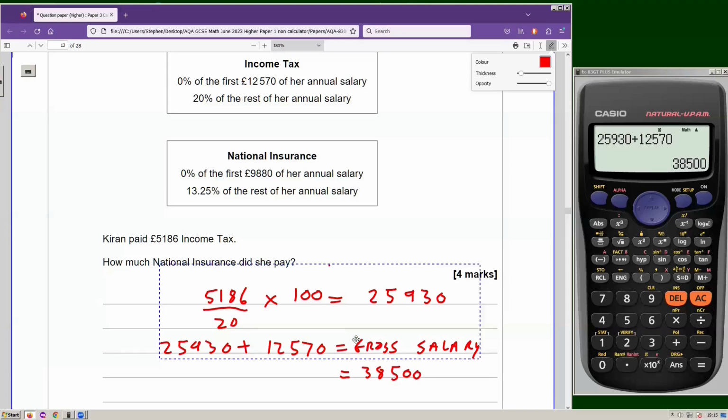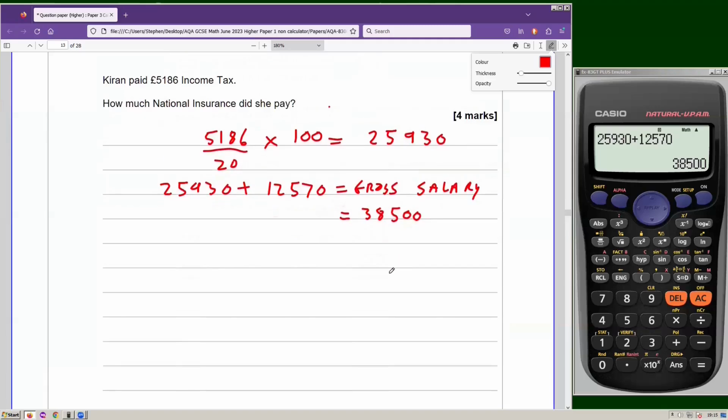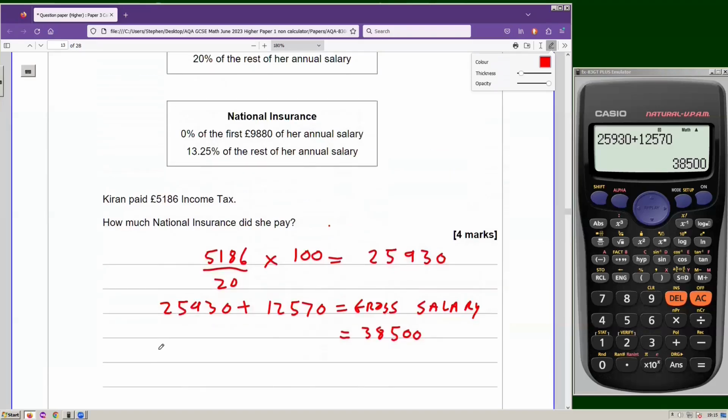That's the gross salary. Okay, national insurance was 0% on the first amount and then 13.25% of the rest. So what we're going to do is take 9,880 off of that. So we do like this, 3,850 minus the 9,880. We're then going to take 13% of that.